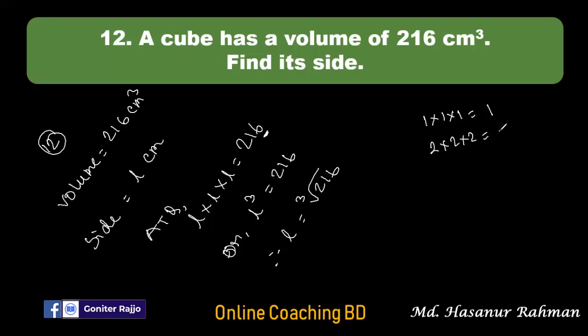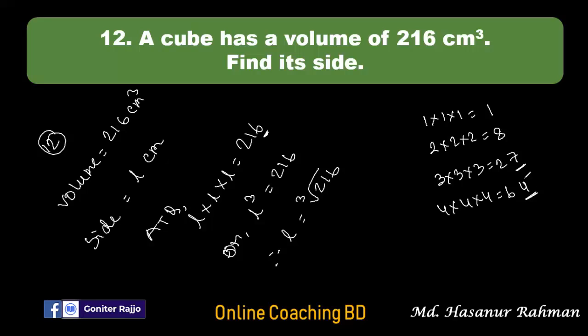That is 8. What about 3 multiplied by 3 multiplied by 3? You will see 3 3 are 9, 3 9 are 27. So what is the unit digit? 7. But we need 6. Now let's start number 4. 4 multiplied by 4 multiplied by 4, that is 4 4 just 16. 16 multiplied by 4, that is 64.